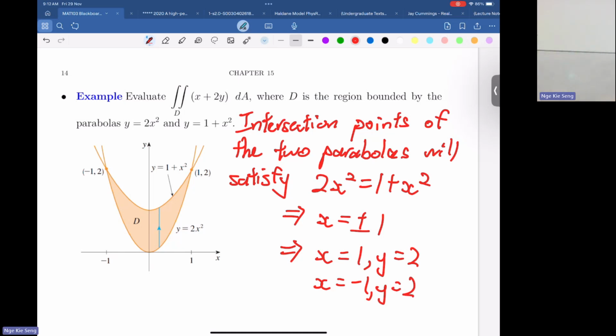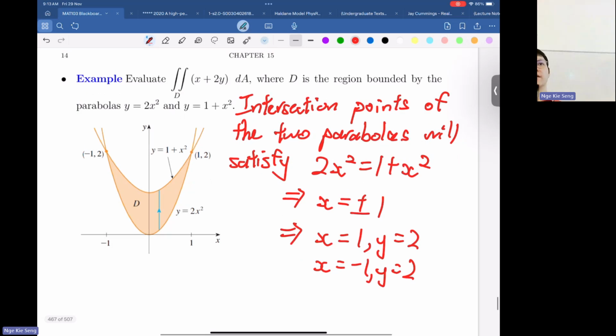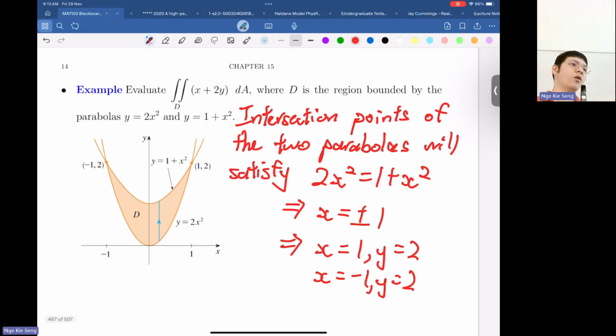So how should we integrate over this region D here? By theory, how do we integrate over this general region? We imagine that this general region sits inside a square or a rectangle, so we can also use an iterated integral. If we're going to use the iterated integral, you need to decide the order.